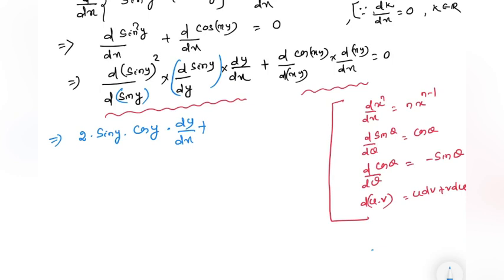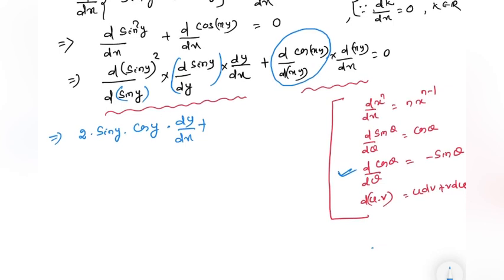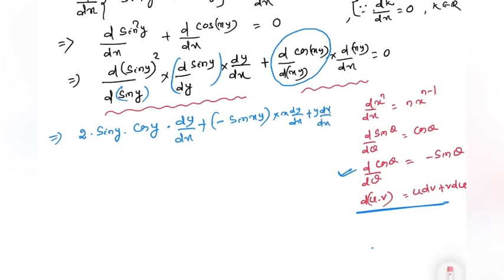Plus, coming to the second term, derivative of cos xy with respect to xy, you can apply the formula for cos theta, so minus sin of xy into derivative of xy, apply the product rule: x dy by dx plus y dx upon dx, equal to 0.